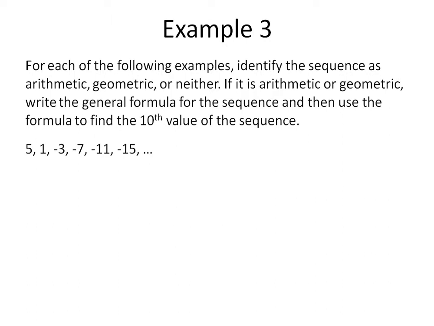If we subtract 1 from 5, we get 4. If we subtract 4 from 1, we get -3. If we subtract 4 from -3, we get -7. And 4 from -7 gives us -11. So this is an arithmetic sequence. The common difference is -4.